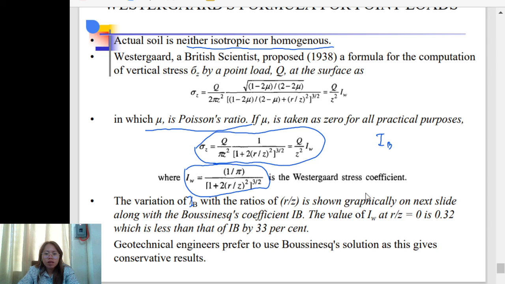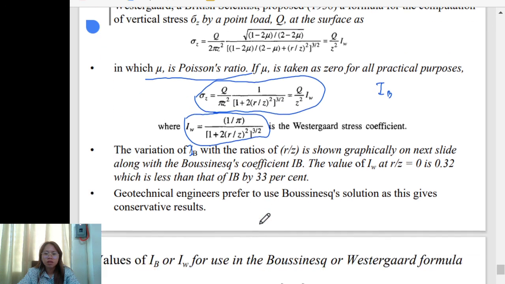The value of the Westergaard stress coefficient at R over Z equal to 0 is 0.32, which is less than that of I sub B by 33%. But geotechnical engineers prefer to use the Boussinesq equation because it gives conservative results.